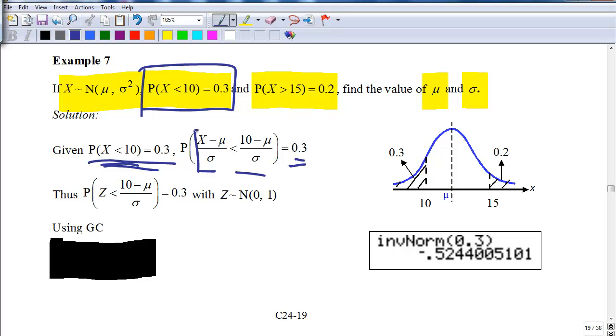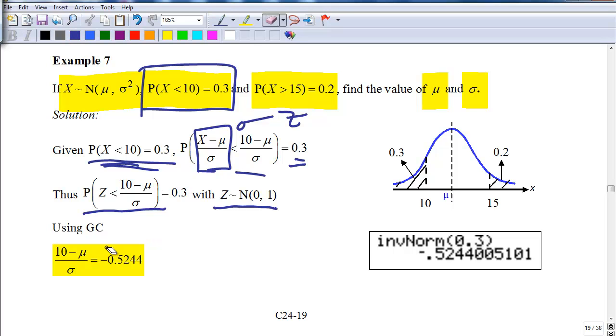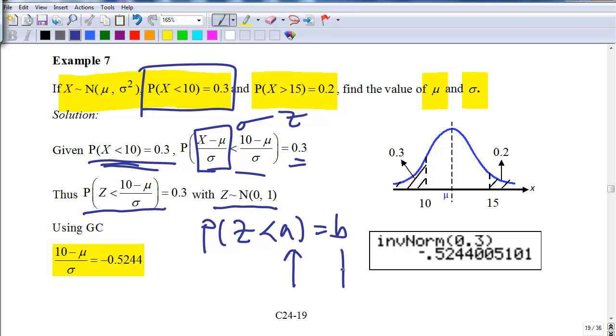Once I do this, this piece here is my z. So I end up getting the probability z less than 10 minus mu, divided by sigma, is 0.3. And my z, remember, stands for the standard normal distribution. So I can again use standardization plus inverse norm to work out what exactly my A is. Remember, previously, when I have z less than A equals B, inverse norm will give me my A if I know what B is.